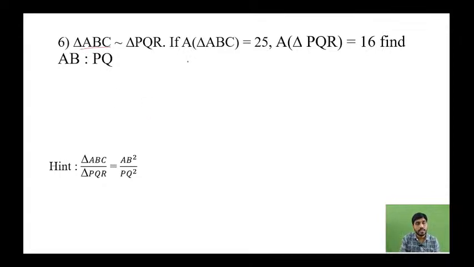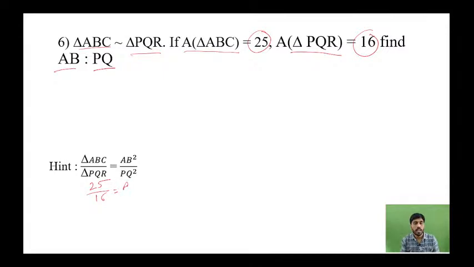In triangle ABC and triangle PQR, the area of triangle ABC is given, the area of triangle PQR is also given, and we have to find AB to PQ. The area of triangle ABC is 25 and PQR is 16.